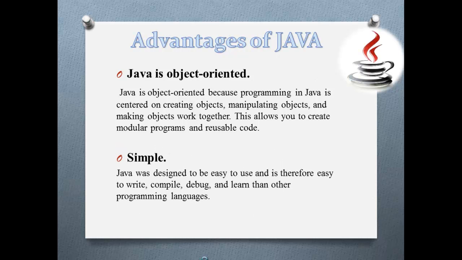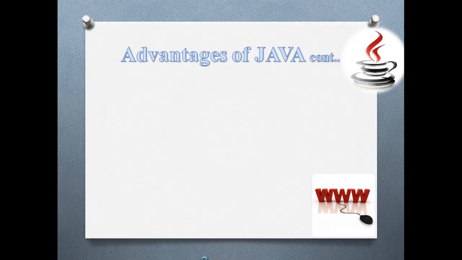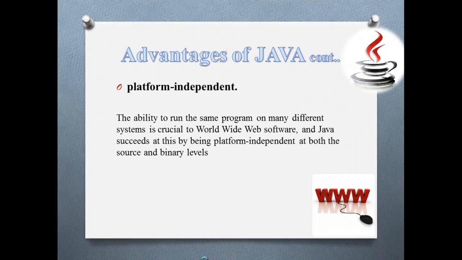Simple. Java was designed to be easy to use and therefore easier to write, compile, debug, and learn than other programming languages. Platform independent.